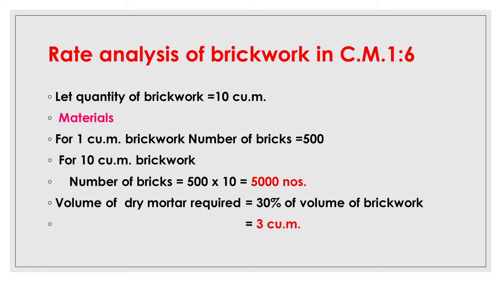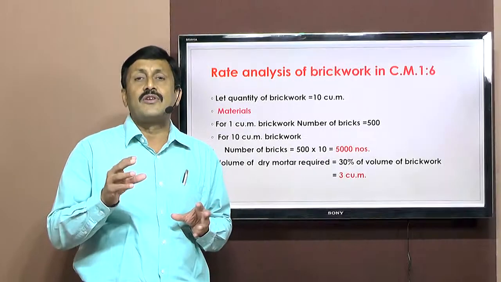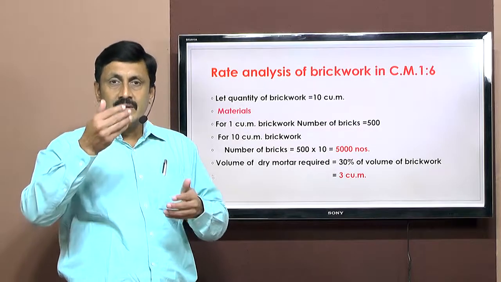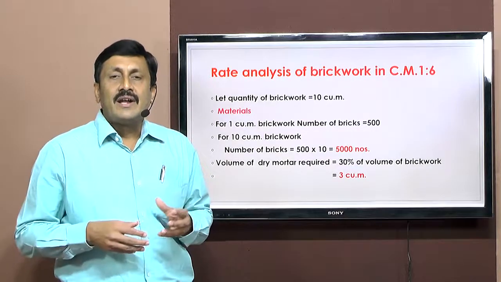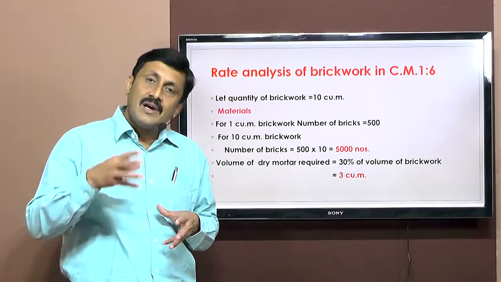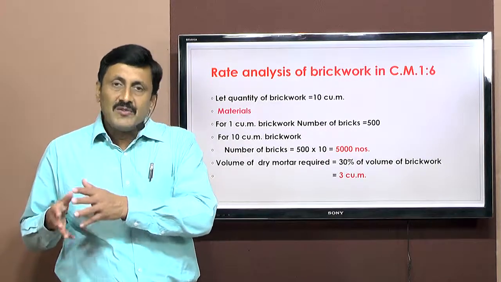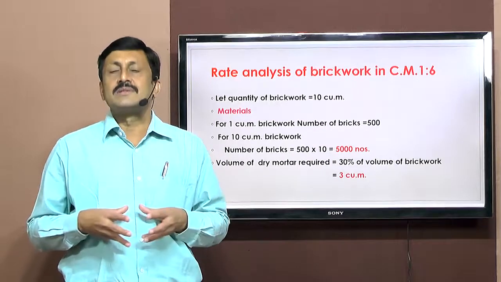Now when this quantity is 10 meter cube, based on this quantity we will determine exactly how much is the quantity of materials required for the construction of 10 cubic meters brickwork. Then after that we'll find out the cost of materials required for this 10 cubic meter brickwork. Then B part will focus on labors.